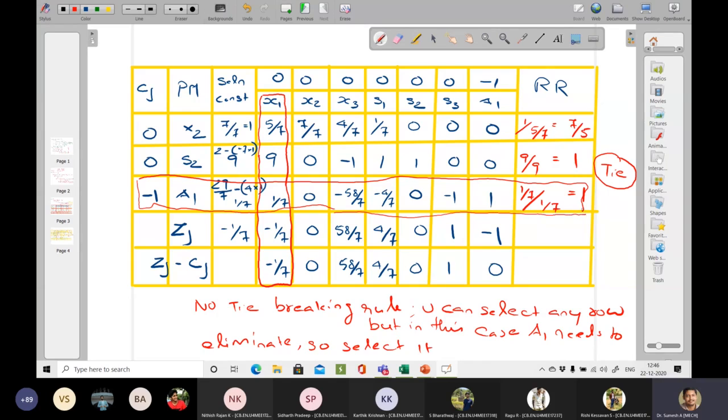When you select that, you get your key row and key column, so the key number is also found. Go for the next iteration, iteration number 3. Take a screenshot of this and solve.